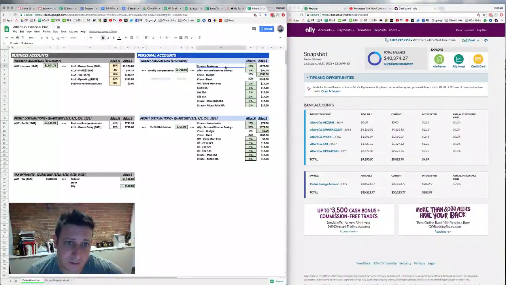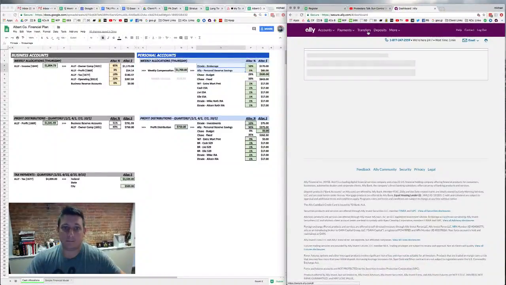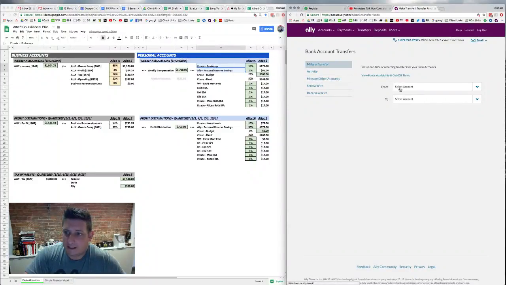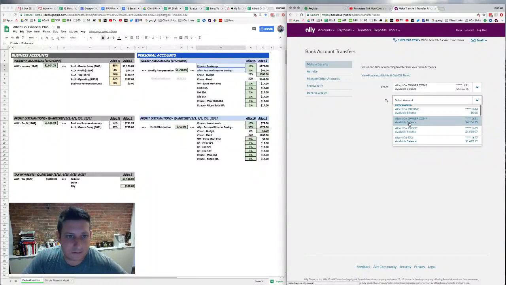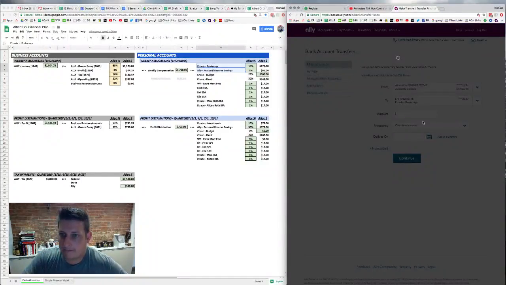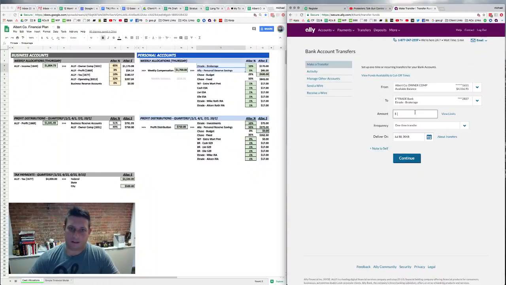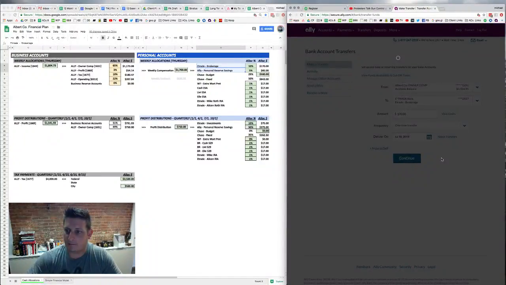So those are the first two things I'm going to do when I pay myself. So I'll go to transfers again. And we're going to be taking money out of that owner comp account to each one of these other accounts. So first is my E-Trade brokerage account. So we're going to take 10% of my weekly compensation and put it in that brokerage account.